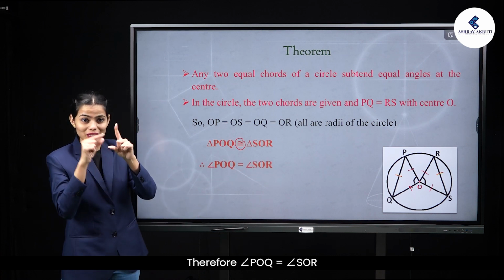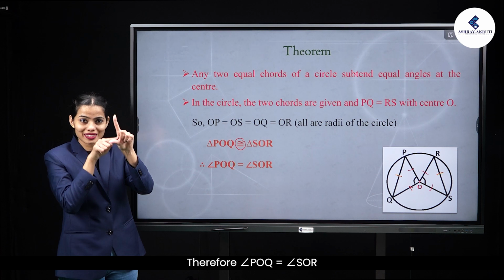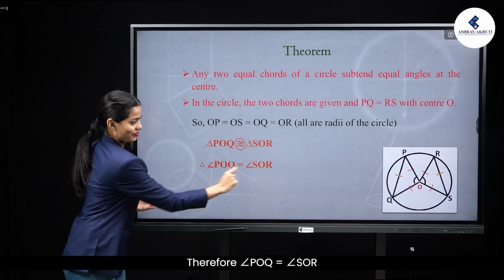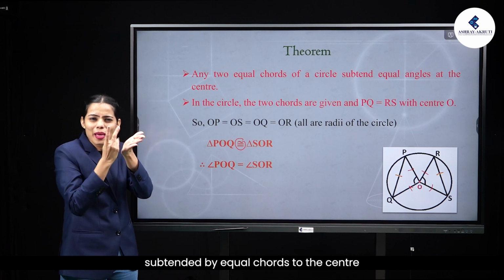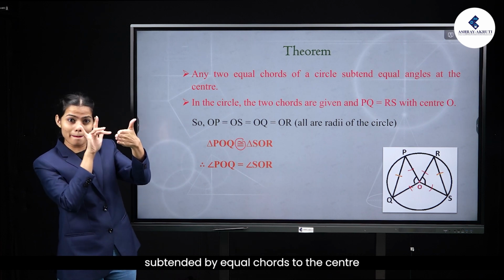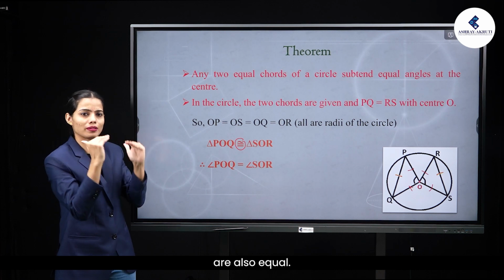Therefore, angle POQ is equal to angle SOR. This shows that the angles subtended by equal chords at the center are also equal.